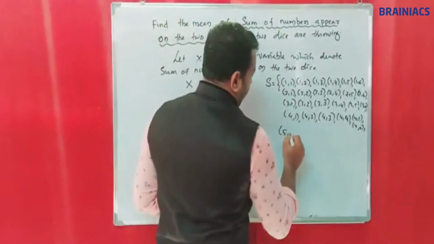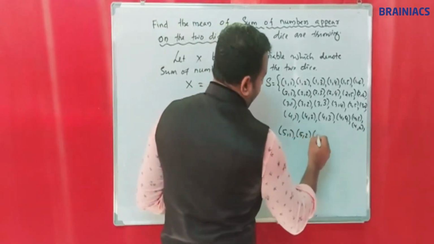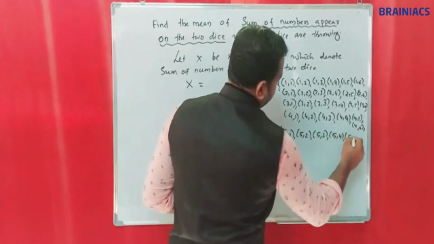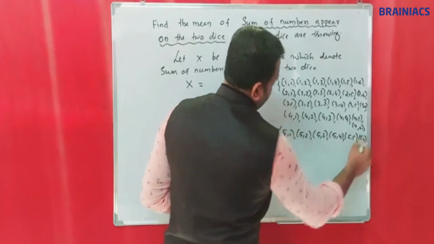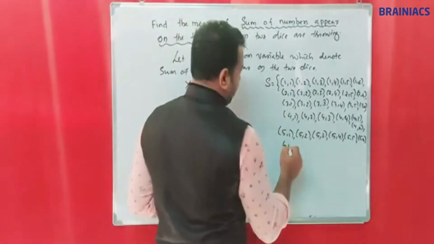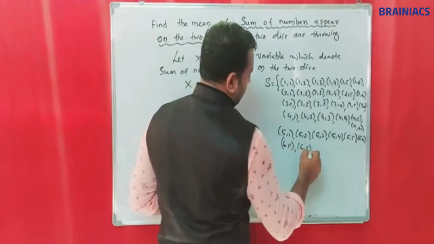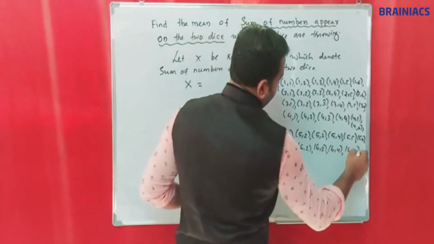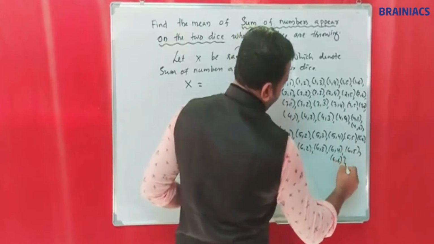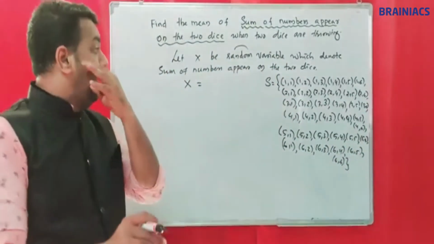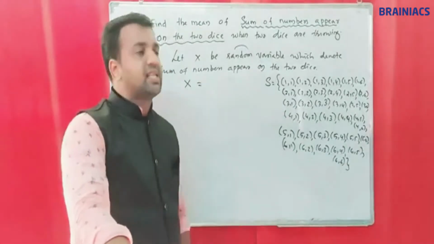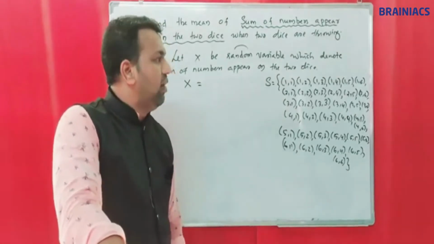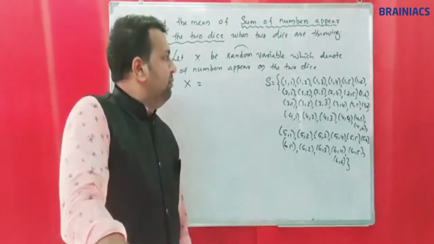Five 1, 5 2, 5 3, 5 4, 5 5, 5 6. And the last row is 6 1, 6 2, 6 3, 6 4, 6 5, 6 6. So we got 36 possible outcomes in the sample space when two dice are thrown.